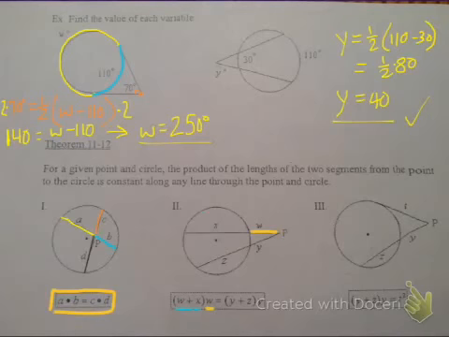So W plus X is the whole secant segment. Okay, and that should be equal to the part on the outside, Y, times the whole of the other segment. Okay, Y plus Z is the whole segment.